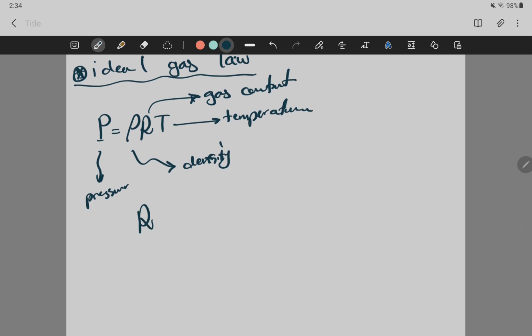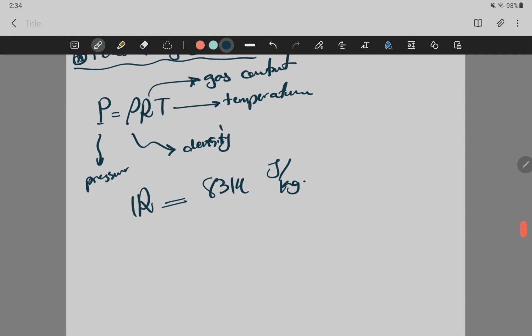This gas constant, we have a universal gas constant that is 8,314 kilojoules per kilomole Kelvin, I'm sorry.